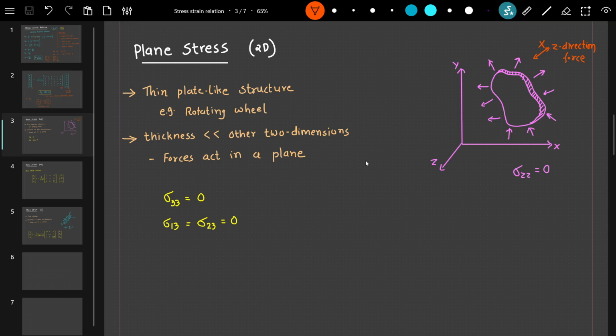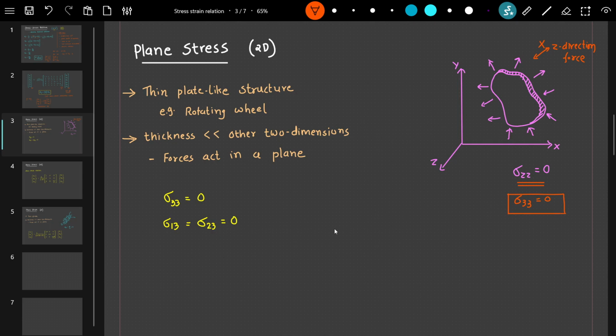Okay, and we can understand this like, when the thickness is very small, negligible, we can say sigma zz, that means the thickness direction stress, is zero. So sigma zz or sigma 33 is equal to zero, is called plane stress condition.